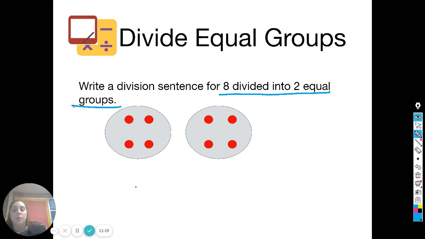If you need a hint, we're going to have our total divided by the number of groups equals how many dots per group.